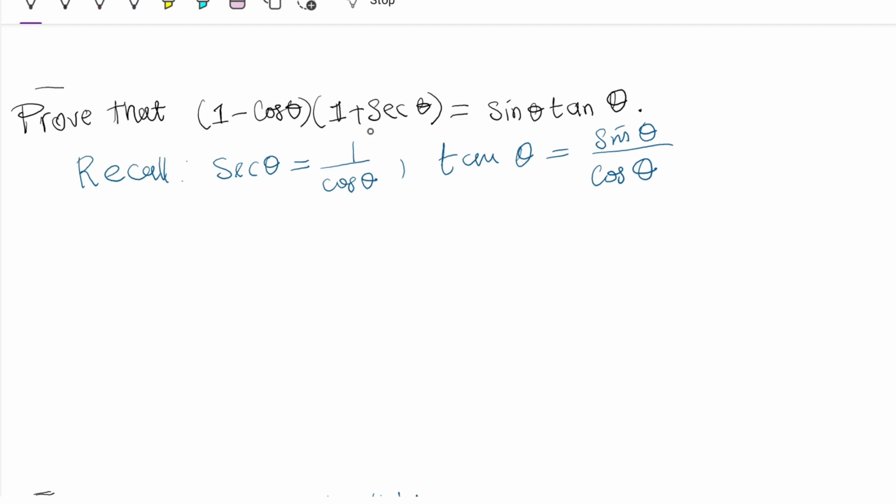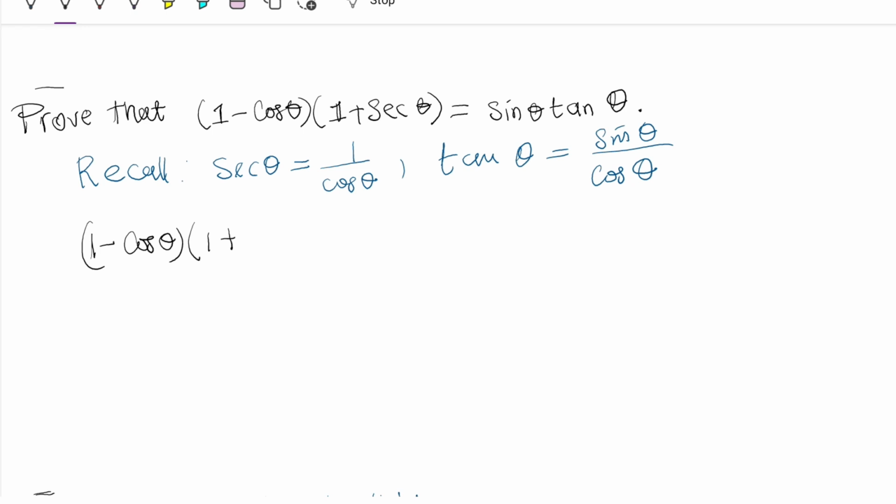Now, I will write the left hand side as 1 minus cos theta, okay, 1 plus, instead of writing sec theta, I will write 1 over cos theta.